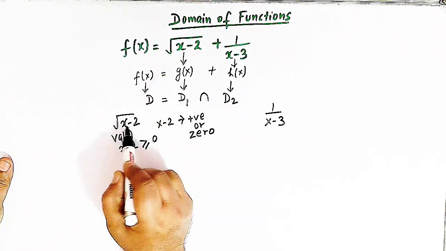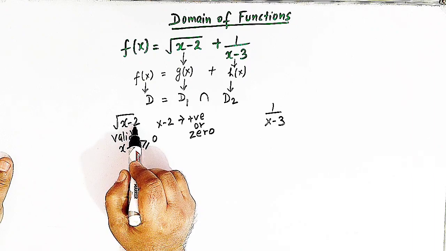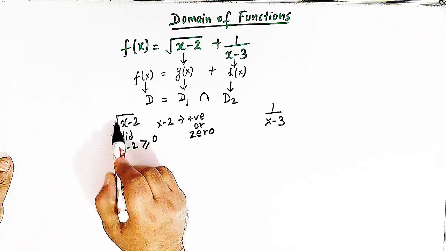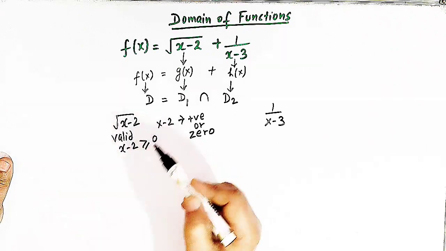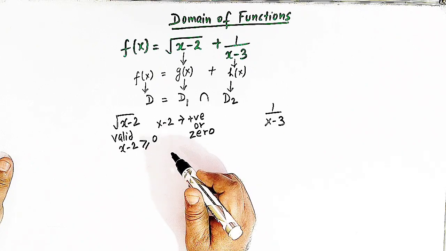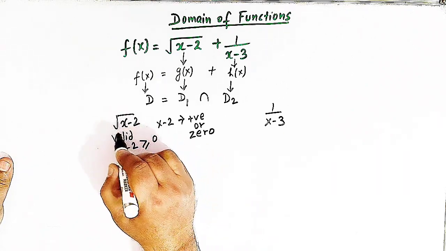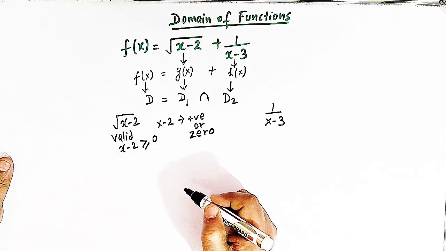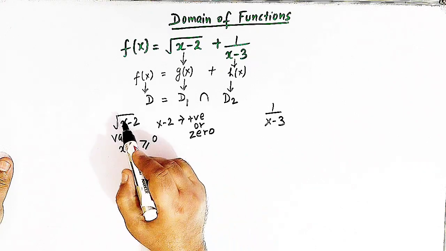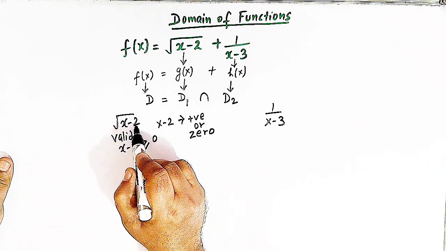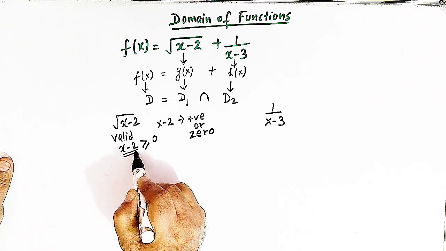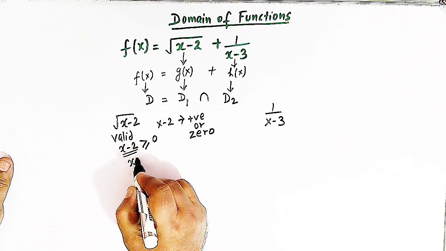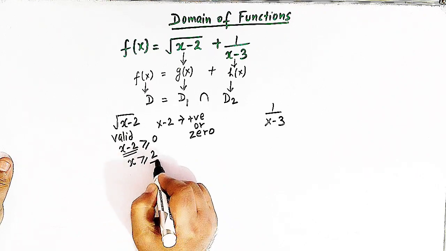Because if x minus 2 is negative, then this becomes a negative expression inside the square root sign, and the square root of a negative number does not belong to the set of real numbers, right? So for the validity of square root of x minus 2, x minus 2 should be greater than or equal to 0. In other words, x should be greater than or equal to 2, right?